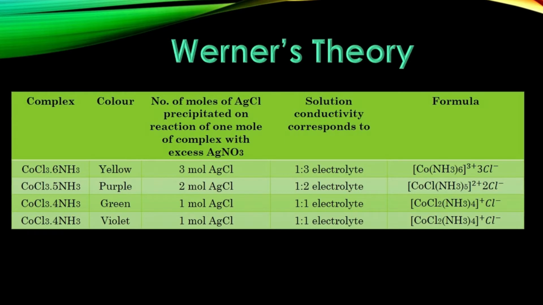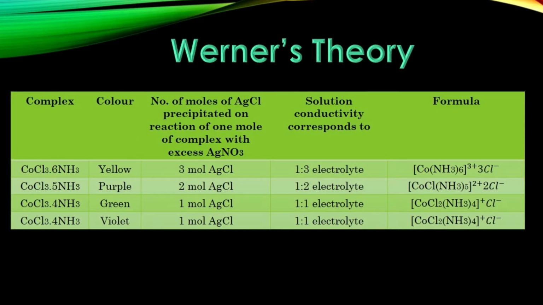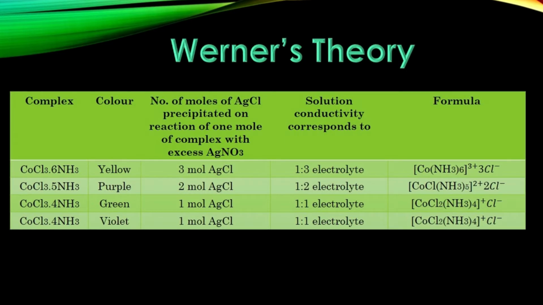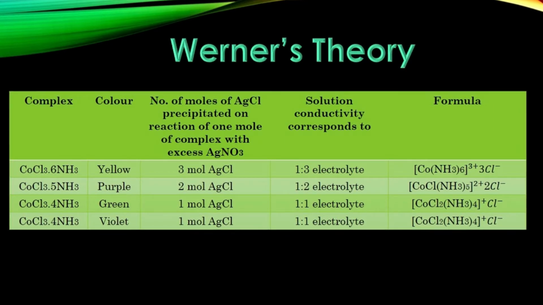For example, it has been observed that the complex CoCl3·6NH3 behaved as a 1:3 electrolyte, the next complex CoCl3·5NH3 behaved as a 1:2 electrolyte, and the third and fourth complexes, CoCl3·4NH3, behaved as 1:1 electrolytes.